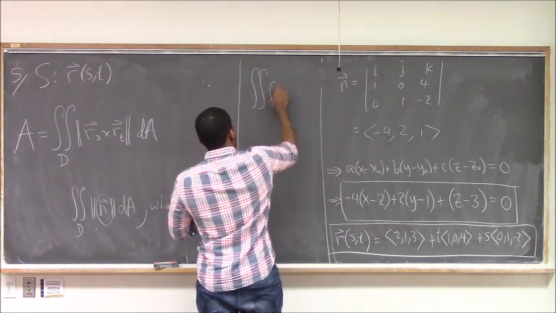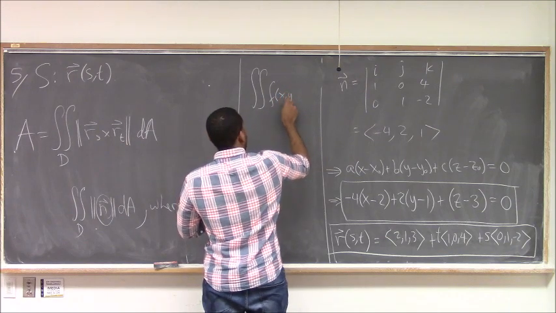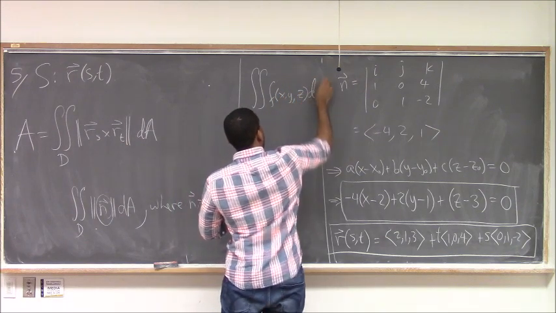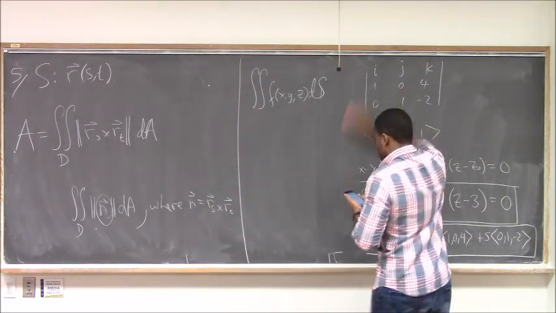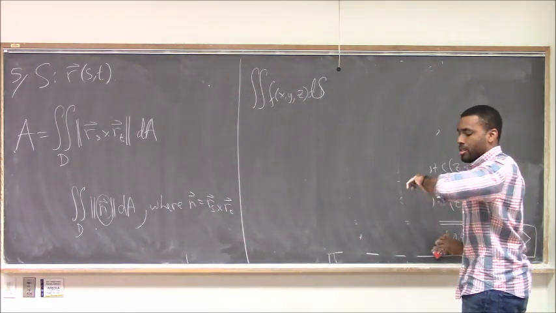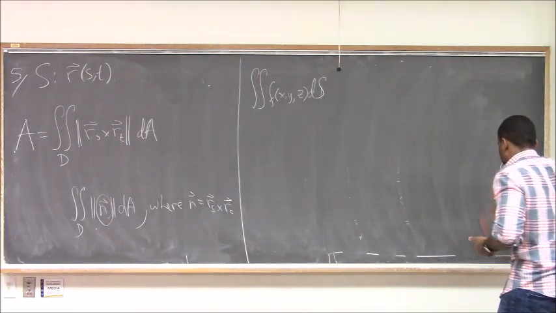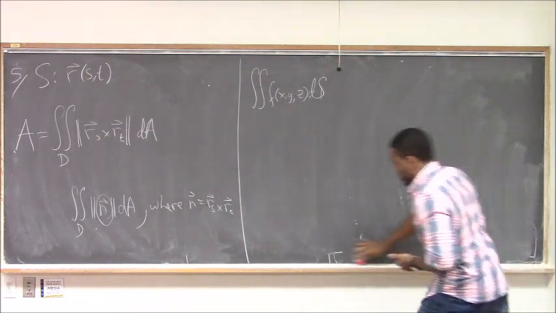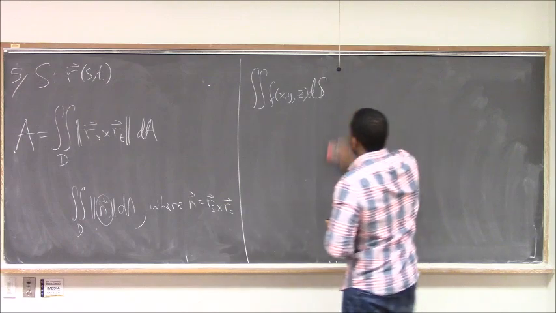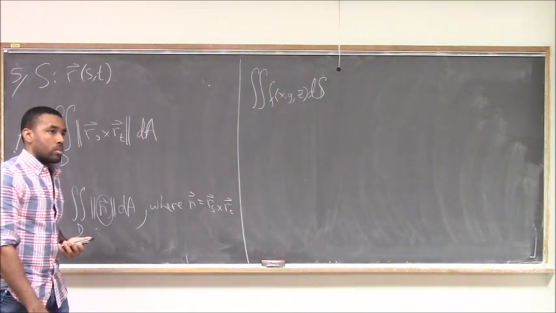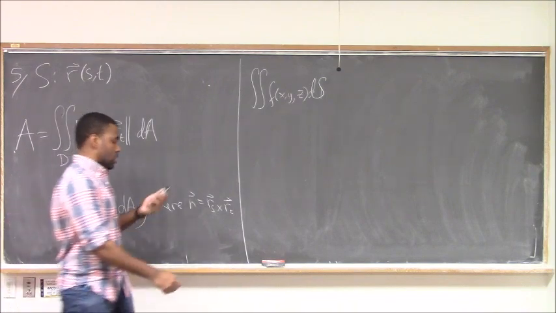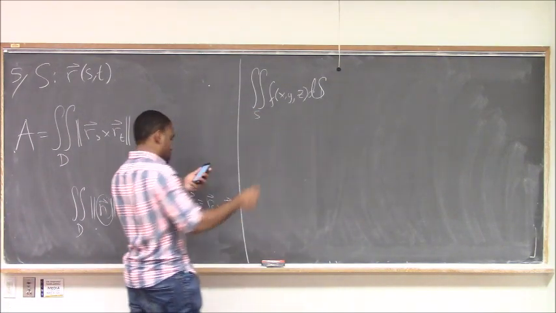Does anyone know how to define this guy? Double integral. So this is the bonus. We haven't covered it yet, and at this point we probably won't get to cover it. But is it like flux? Double integral d. That's not the flux. It's called a surface integral over a scalar field.